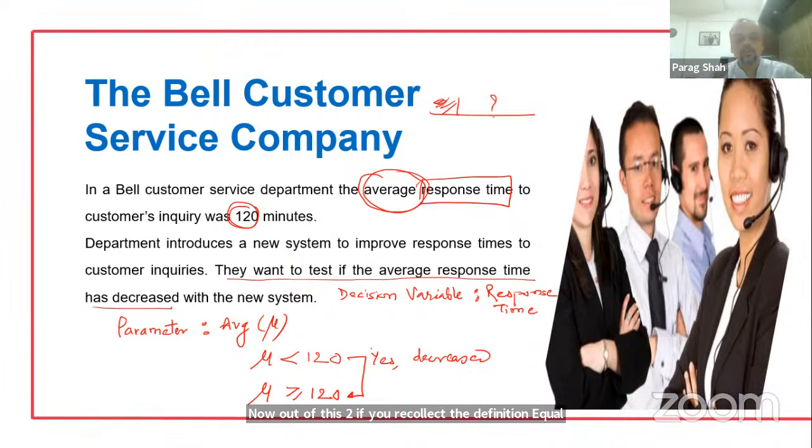So where is your equal to sign? This is the equal to sign. So this becomes my null hypothesis, and this becomes my alternative hypothesis. This is how, based on the problem you are dealing with, industry problem or research problem, you have to decide your decision variable, your parameter, your null hypothesis, and alternative.